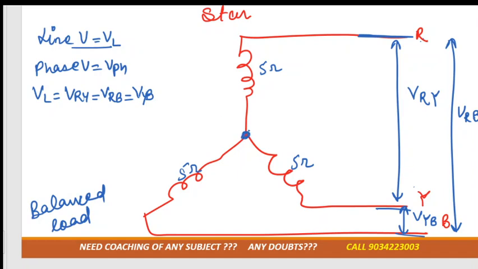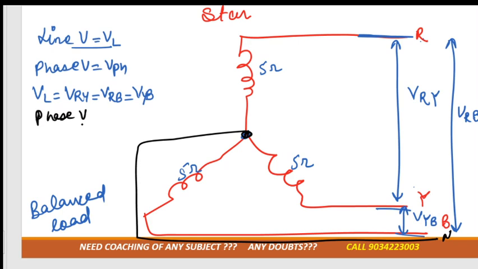Now, this point is the neutral, the point where the neutral wire is connected. Next, we need to consider the phase voltage, represented by VPH. Here it is N. The phase voltage is the voltage across the winding, right?